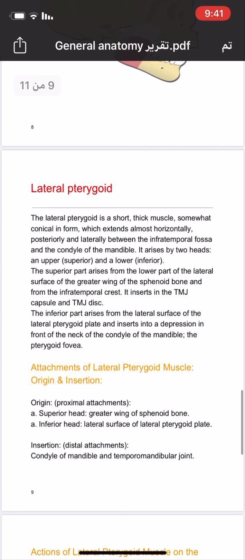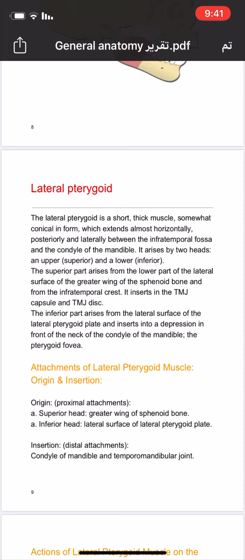Now the lateral pterygoid. The lateral pterygoid is a short, thick muscle that extends almost horizontally, posteriorly and laterally between the infratemporal fossa and the condyle of the mandible.